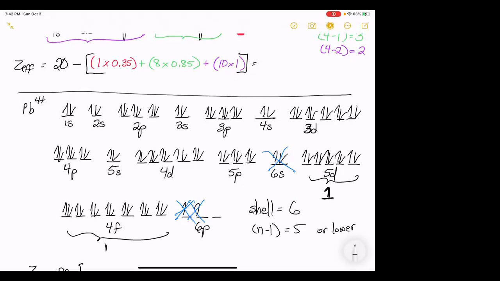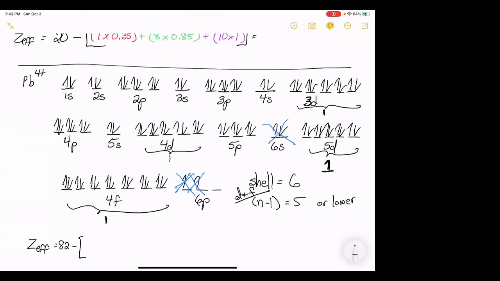So all of these would be a 1. Right now I'm doing the d's and f's, so let me make note of that. Any d or f less than 5 is going to be a 1.